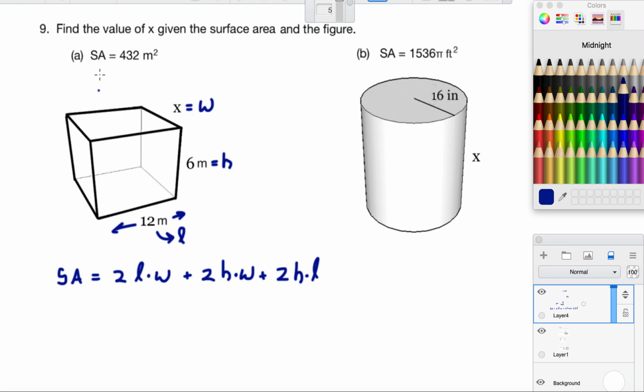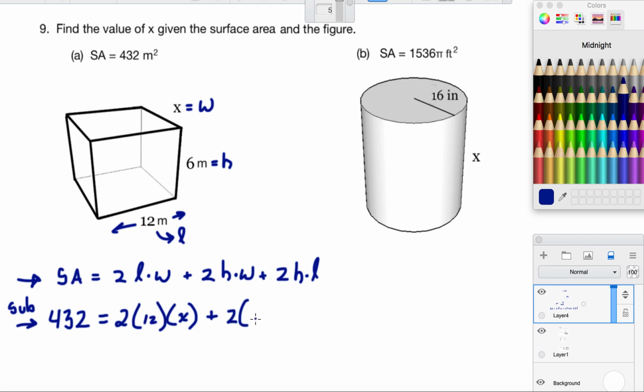Okay, so we know the surface area is 432 square meters. The length is 12. The width is x. So I recommend writing out this whole line here just with the equation, and then this line we are substituting. And whenever I substitute, I use parentheses. That helps me organize my work.